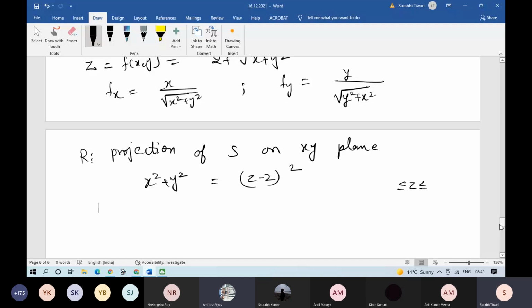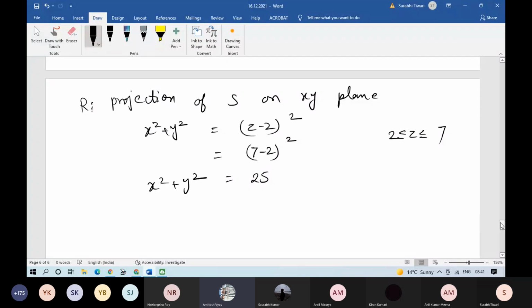Now z varies from 2 to 7. When you take the projection, you put the maximum value. So z minus 2 is 7 minus 2 whole square, this is 25. So the projection of S on the xy plane will be x square plus y square is equal to 25. ठीक, this in the first quadrant. फर्स्ट ऑक्टेंट था, तो अब जब प्रोजेक्शन लोगे तो फर्स्ट क्वाड्रेंट में आ जाएगा.